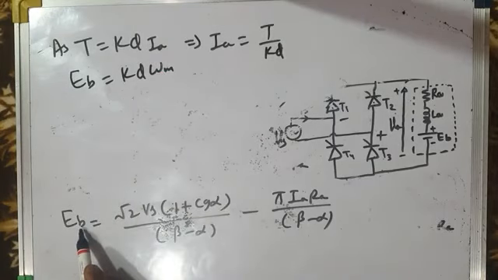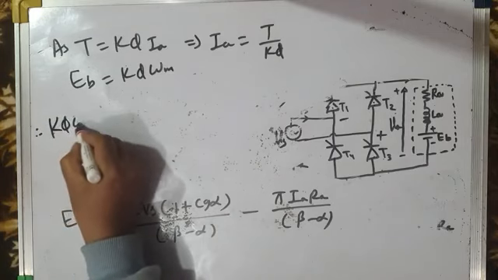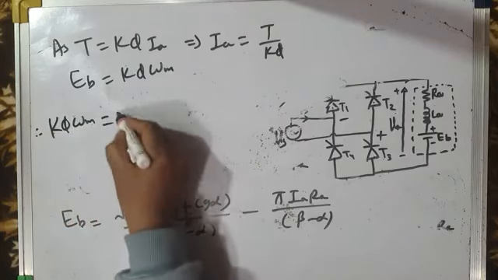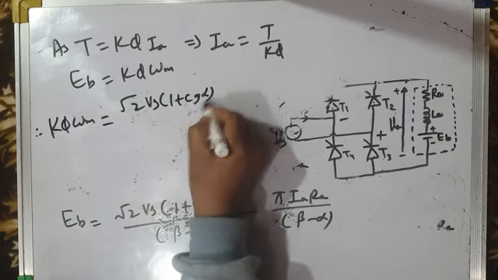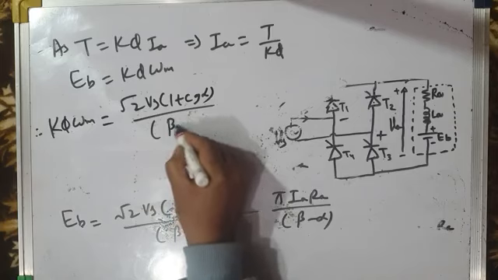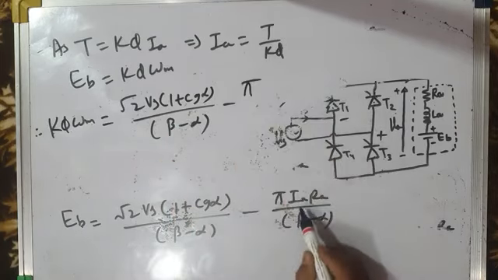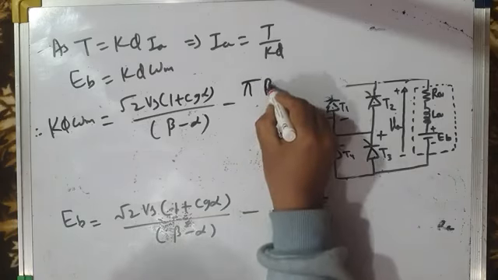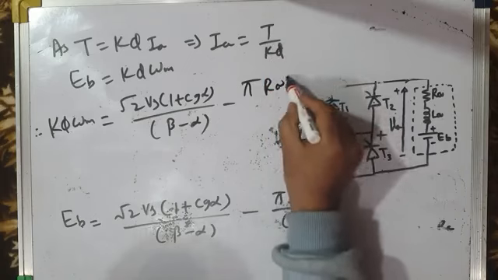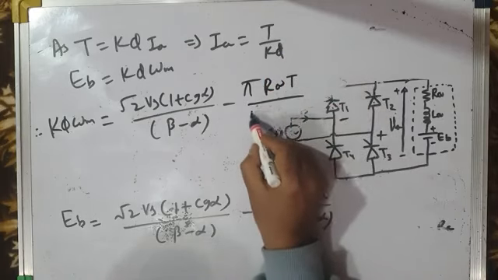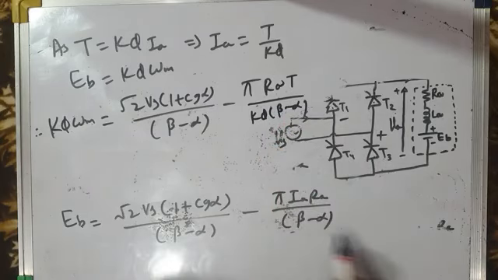So K phi omega m is equal to root 2 Vs times (1 plus cos alpha) by (beta minus alpha) minus pi into Ra into Ia. What is Ia? Ia is T by K phi. So this is T by K phi into (beta minus alpha), because there is beta minus alpha already here.